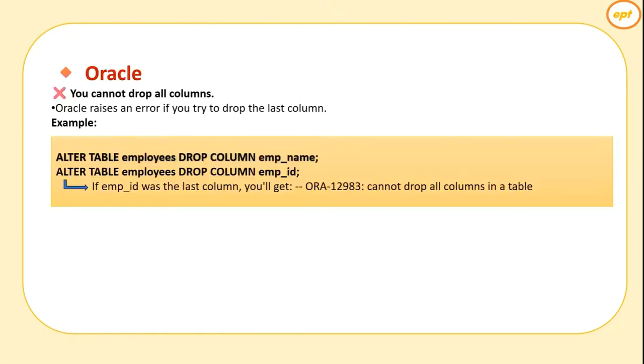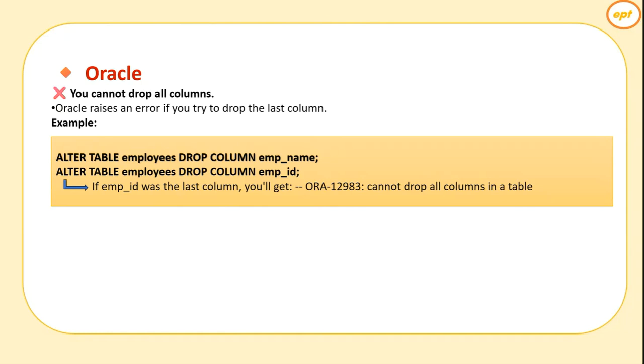See here, you can't drop all columns from the Oracle database. If you try to do it, that is the error you are going to get. Oracle raises an error saying you cannot drop all columns in a table. Say there is a table called employees. Assume there are two columns, employee name and employee ID.